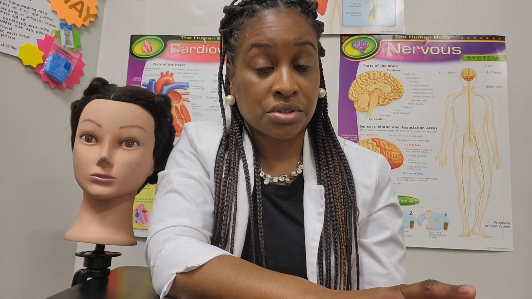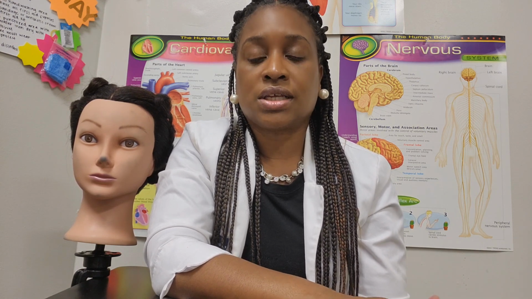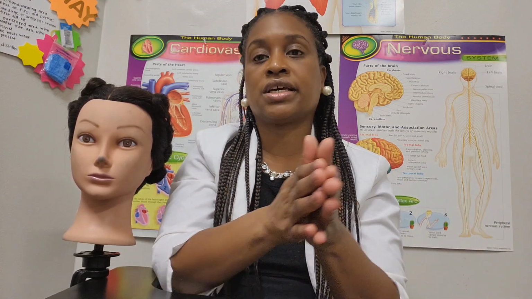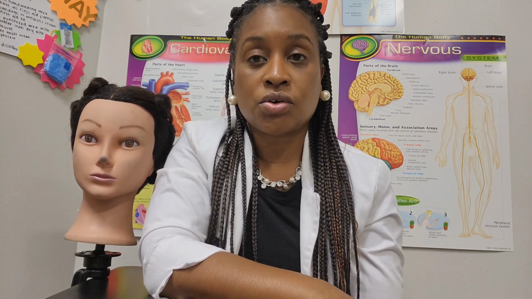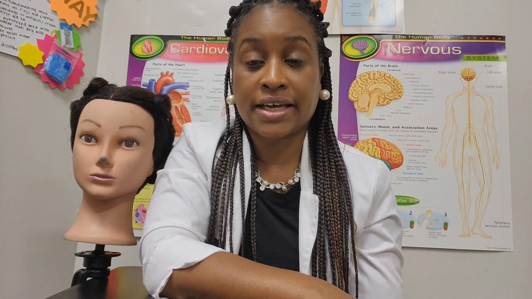There are different factors that will cause this anagen phase to last for 1 to 10 years, or 1 to 6 years, or 1 to 7 years. And the factors involved in that are, number 1, hereditary. Hereditary factors play a huge role in how long the anagen phase is going to last.